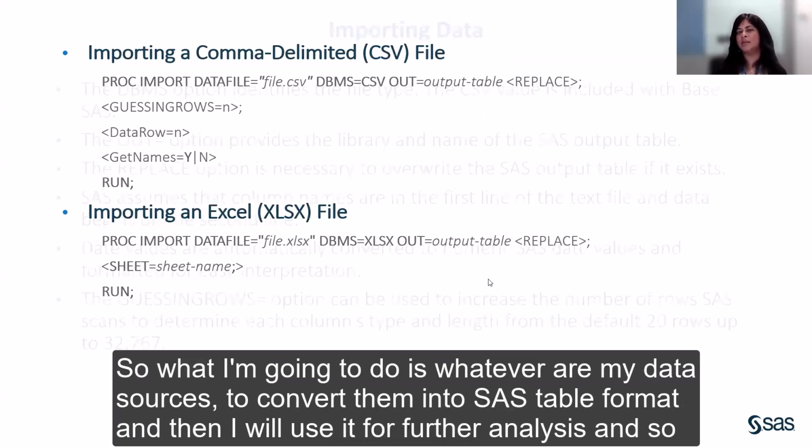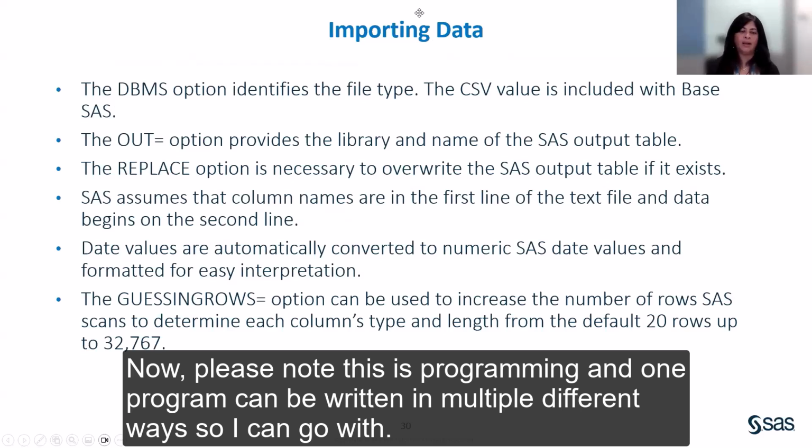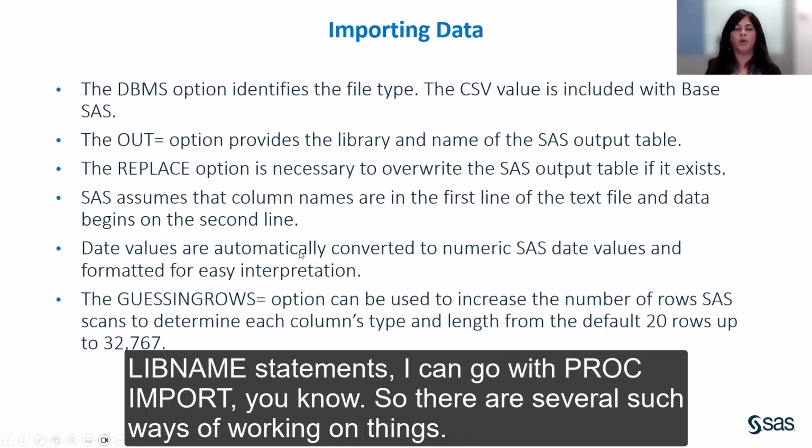So whatever my data sources are, I'm going to convert them into SAS table format, and then I will use it for further analysis. Now, please note, this is programming, and one program can be written in multiple different ways. I can go with libname statements, I can go with proc import, so there are several such ways of working on things.